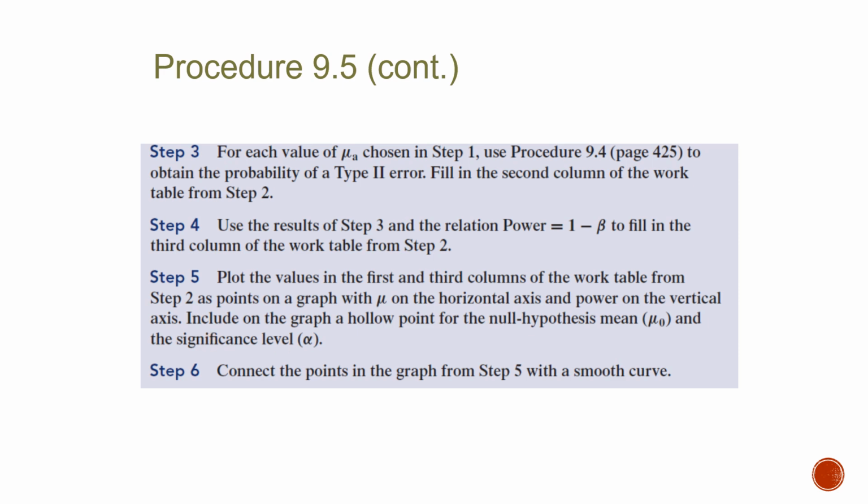So it will be like a graph where the horizontal axis will contain different values of the alternate means, mean sub A1, mean sub A2, and so on, and the vertical axis will have the probability values of the power. Then we will connect the points in the graph from step 5 with a smooth curve, and this is what it's going to look like.